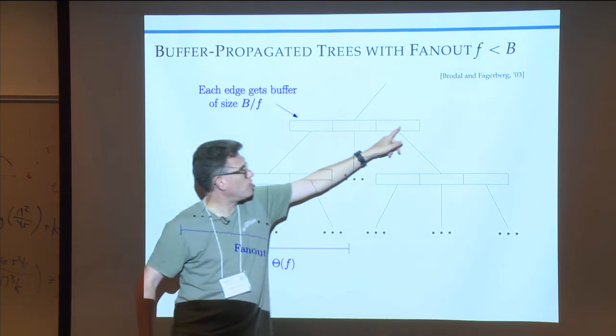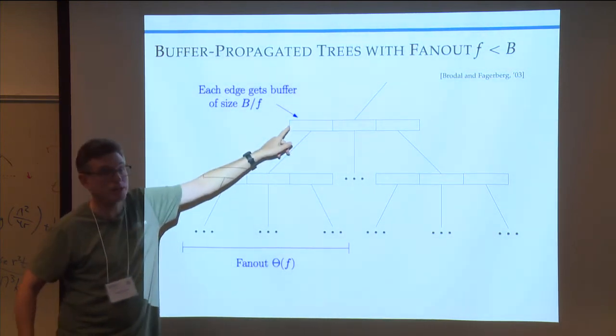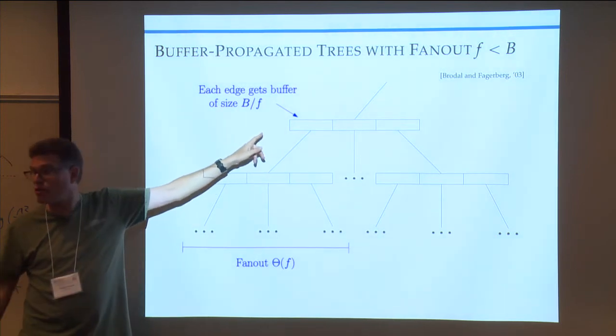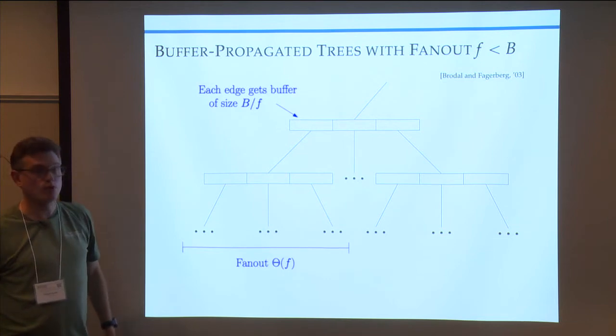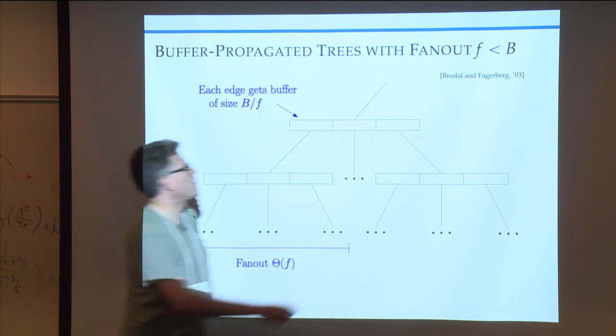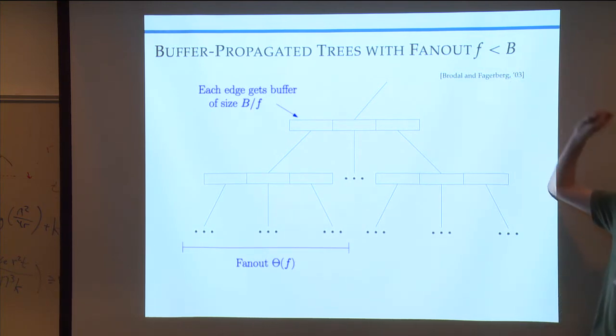We still have nodes with size b, the block size. But now we're going to reduce the fan out. Instead of a fan out equal to the block size, we're going to have a fan out f that's potentially much, much less than the block size. But we've still got these big blocks.